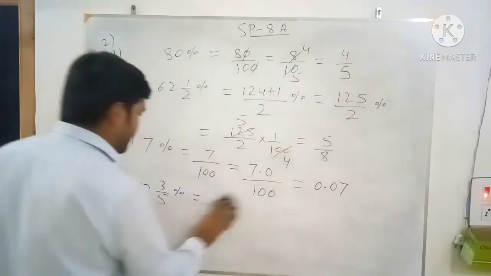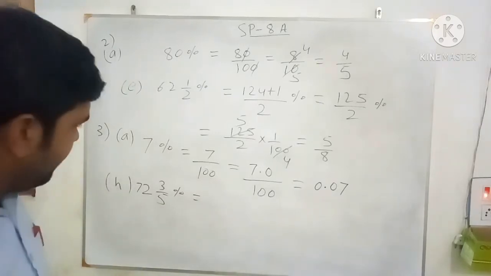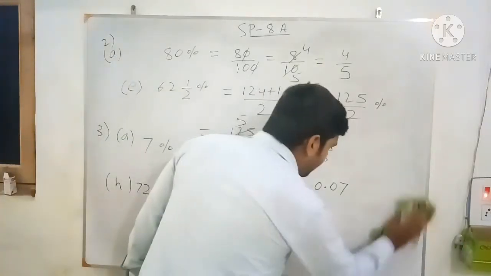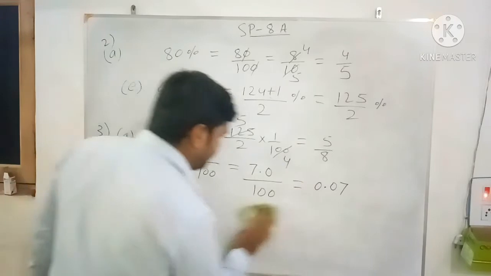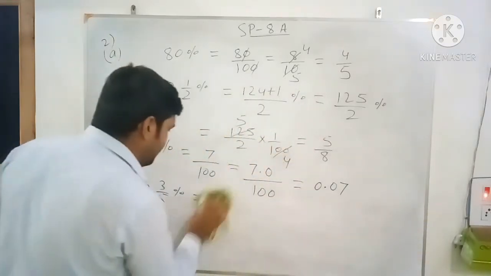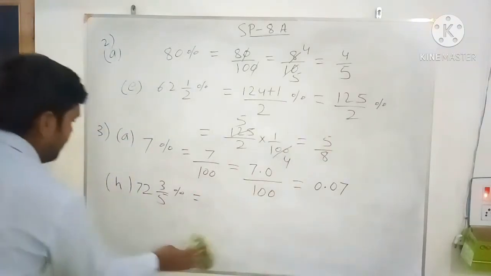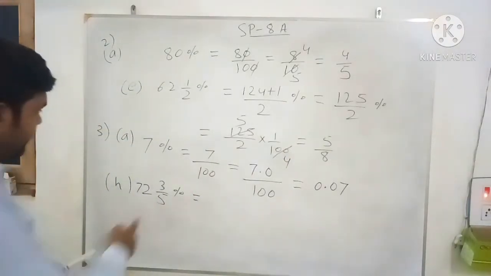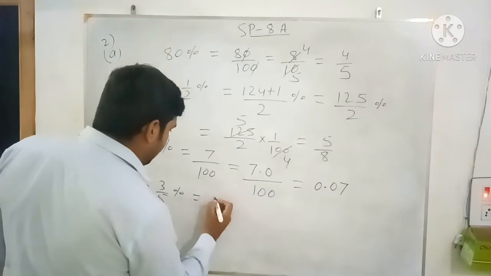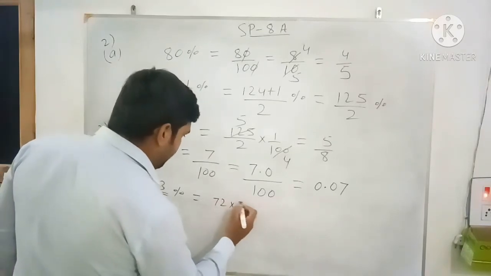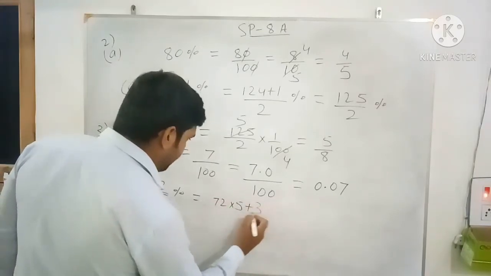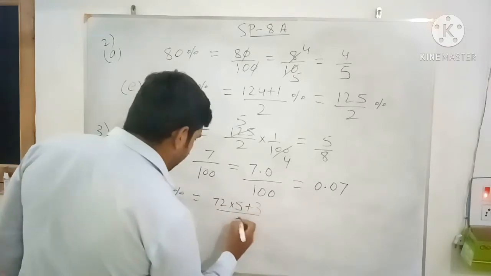We can do this question as follows. First we convert it into the improper fraction, and after that we convert it to the decimal. That is 72 multiply 5 plus 3 by 5%.